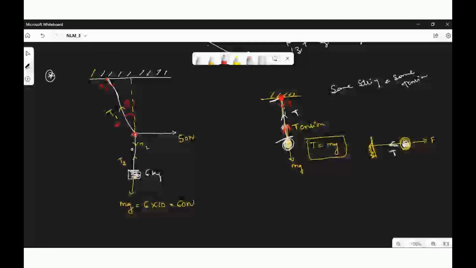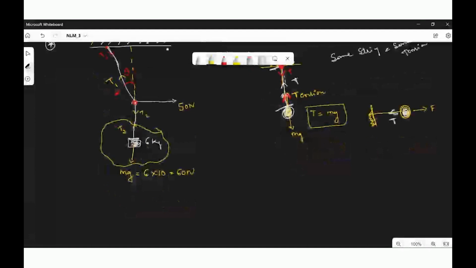So now I'll look into only the 6 kg mass here. What are all the forces acting on 6 kg? I could see mg acting downward, and a force T2 acting upward. Do you agree?